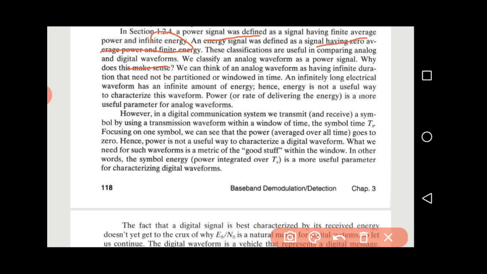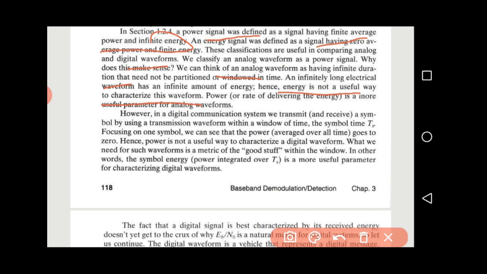Why does this make sense? We can think of an analog waveform as having infinite duration that need not be partitioned or windowed in time. An infinitely long electrical waveform has an infinite amount of energy. Hence, energy is not a useful way to characterize this waveform. Power, or rate of delivering the energy, is a more useful parameter for analog waveforms.